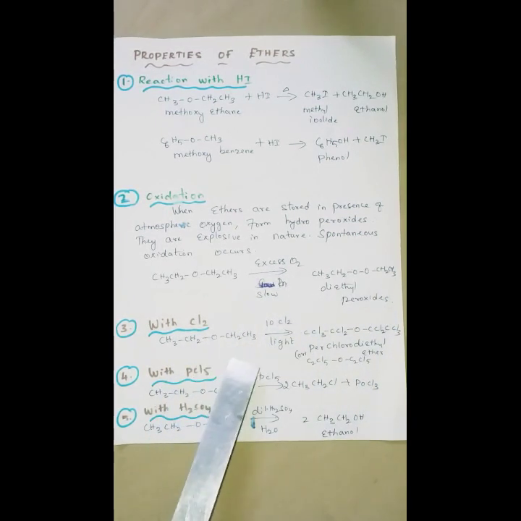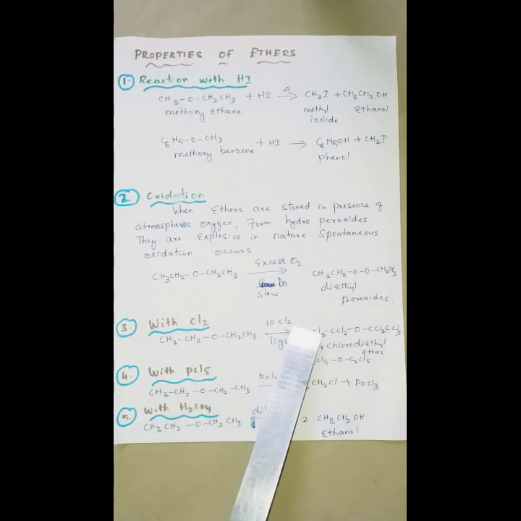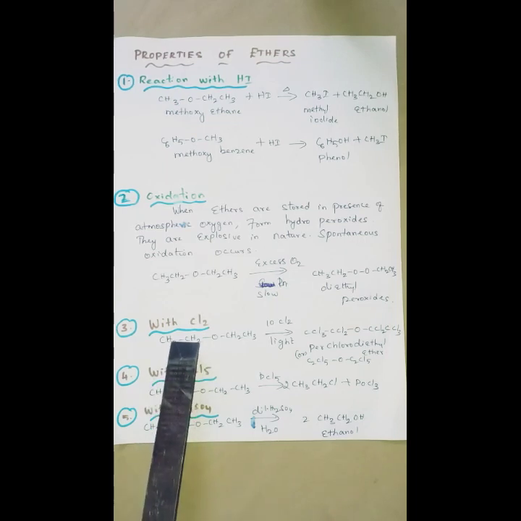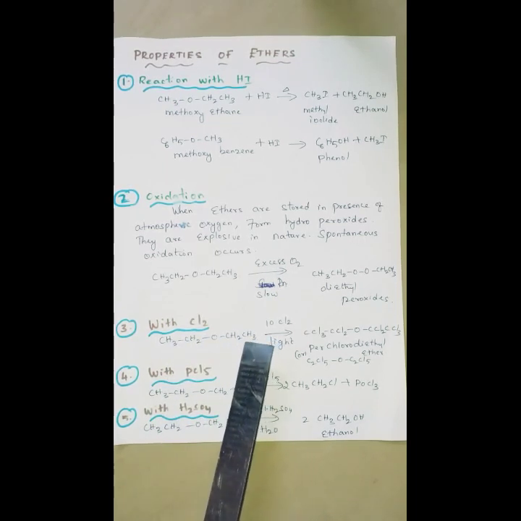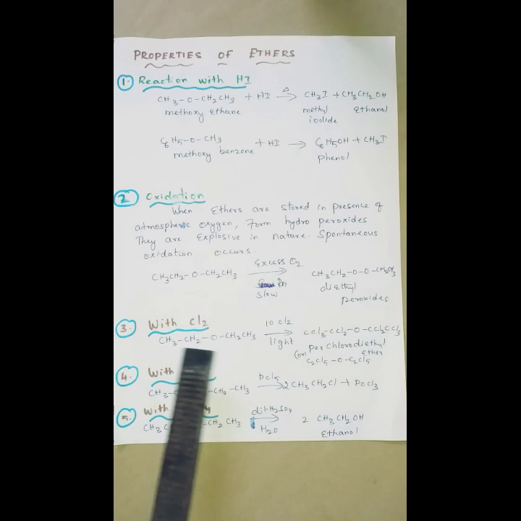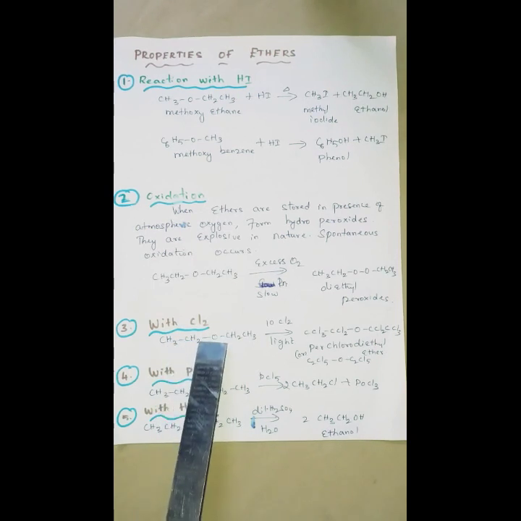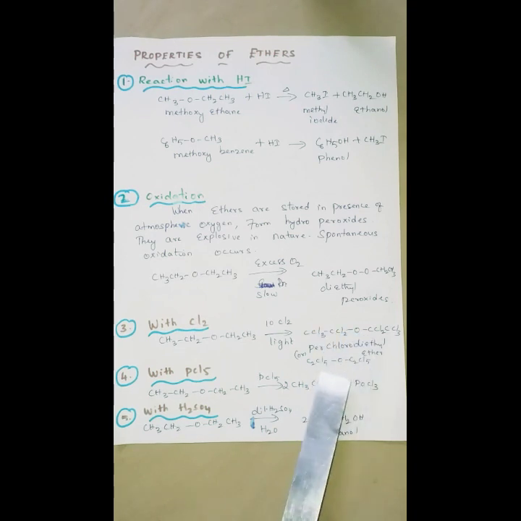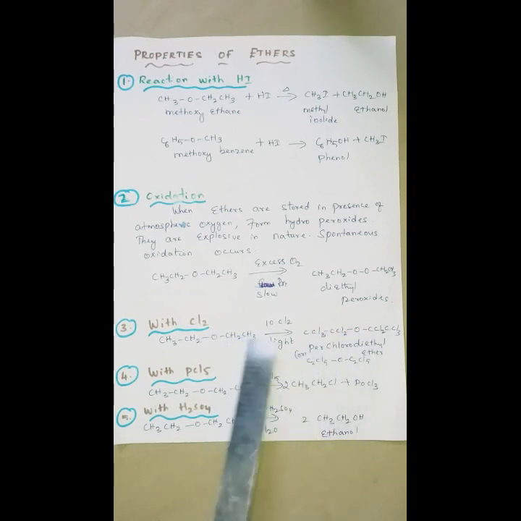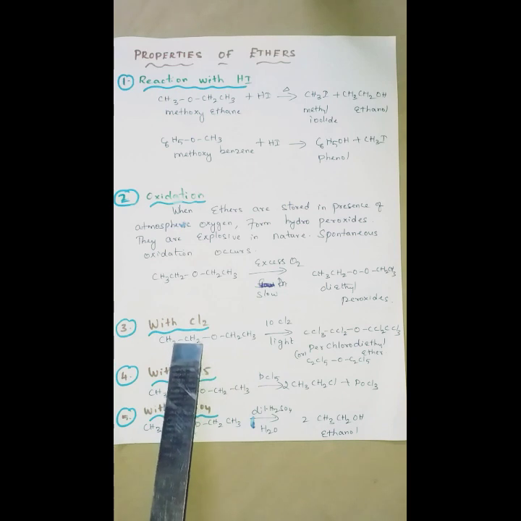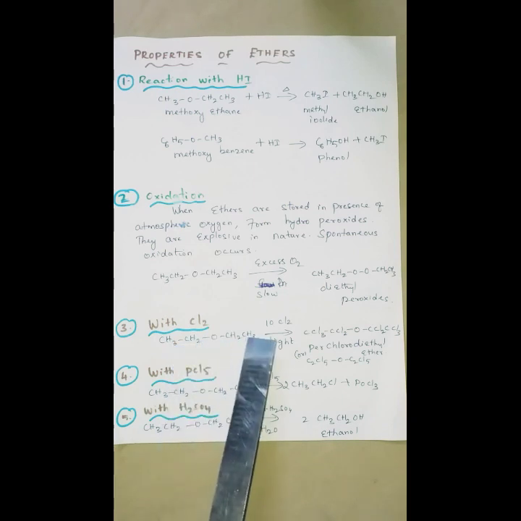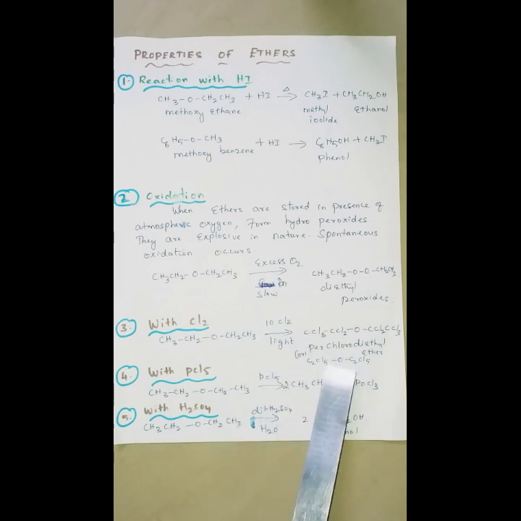Next, with chlorine: diethyl ether reacts with chlorine in the presence of sunlight. This is very simple. Wherever a hydrogen atom is there, you have to change it into chlorine. Here 3 hydrogen plus 2 hydrogen, totally 5, change into 5 chlorine, and here also 5 chlorine. So 3 plus 2 is 5, 5 plus 2 is 7, plus 3 is 10. These 10 hydrogen change into 10 chlorine, so totally 20 chlorine are there.